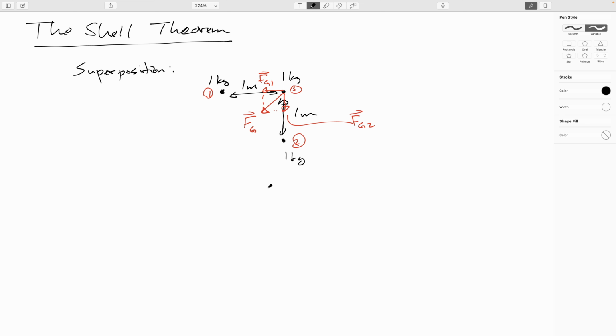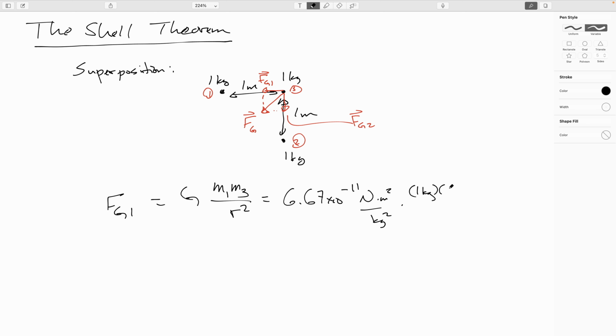So just to flesh this out with some numbers, the force of gravity from object 1, its magnitude, is going to be G m1 m3 over r squared, where r is that 1 meter right there. So this will be 6.67 times 10 to the negative 11 newton meters squared per kilogram squared, times 1 kilogram times 1 kilogram over 1 meter squared.